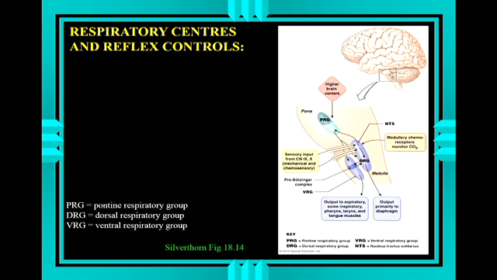The reason I show this is because you can see in this diagram that there are other inputs, other than carbon dioxide and pH, that can influence these respiratory centres. Certainly the chemoreceptors are key, we spoke about those, but not the only thing that controls your breathing.